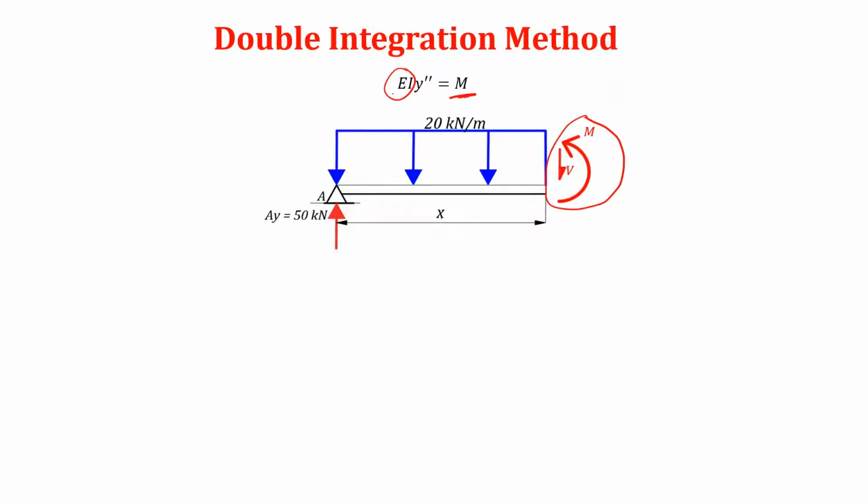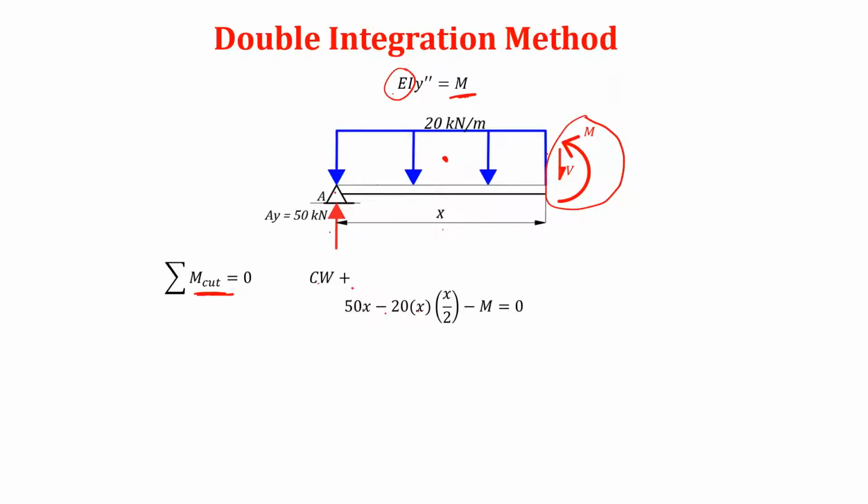Okay? Since we need the moment equation, we sum up moments at the cut, where clockwise is positive. So taking moment at the cut: 50 times its moment arm x, minus the total load, 20 times x, and then the resultant to the cut. The resultant acts at x over 2.